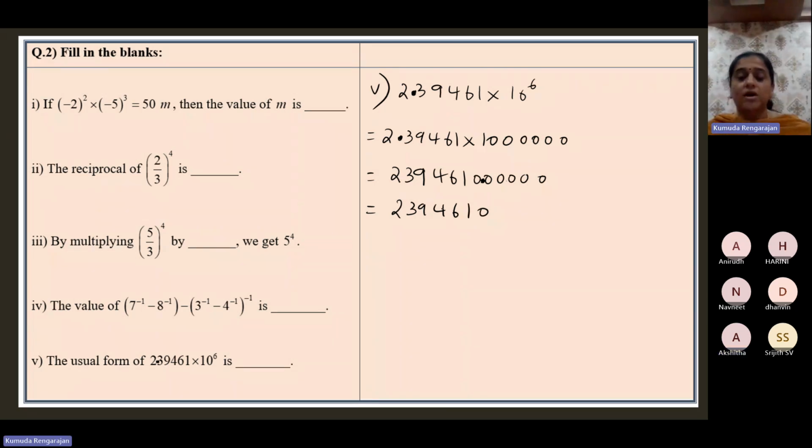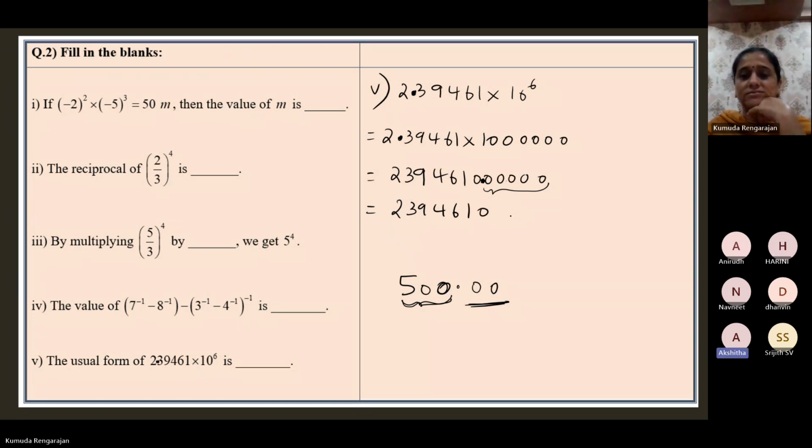No. See here, when it's 500.00, these zeros have no significance. This one is 500. In the same way here, the decimal point is here. So the zero before it has value. These zeros do not have value. Okay, Mom.